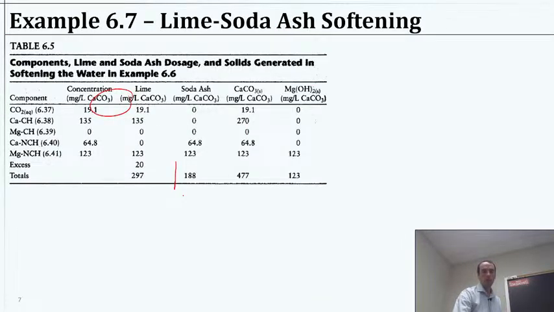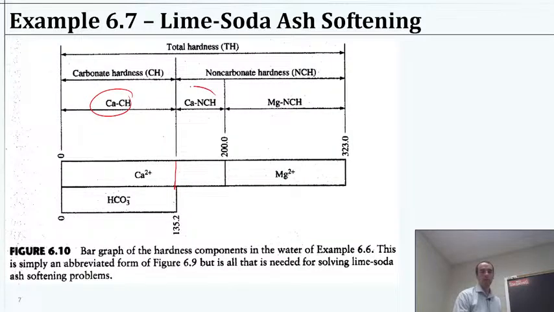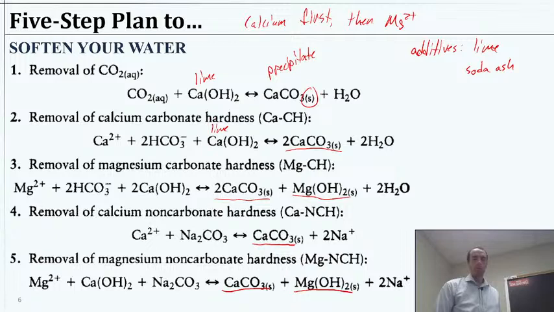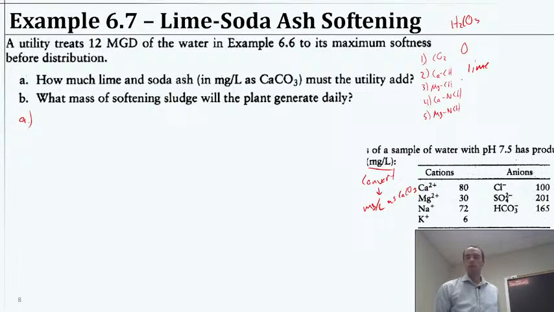So we need to account for the remainder, the calcium non-carbonate hardness here. In order to do that, we would just get this difference that we know here to here. And in order to get rid of that component, we're going to be adding the soda ash. So we would have 0 here, according to that, if we're following that previous one.